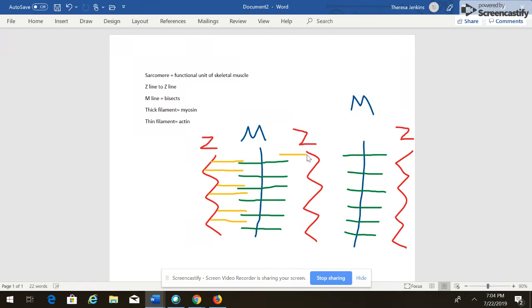So let me hurry this up here, drawing in my lovely little actin filaments attaching to the Z line. Now, as I was saying, in future videos, we'll talk about the other proteins involved here. Our tiny little yellow actin.